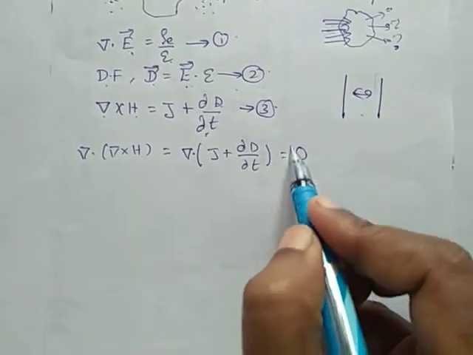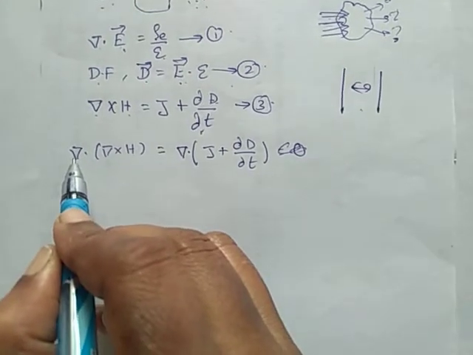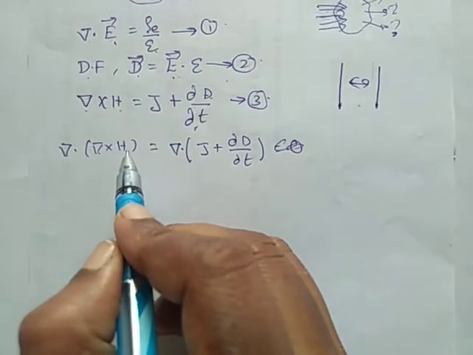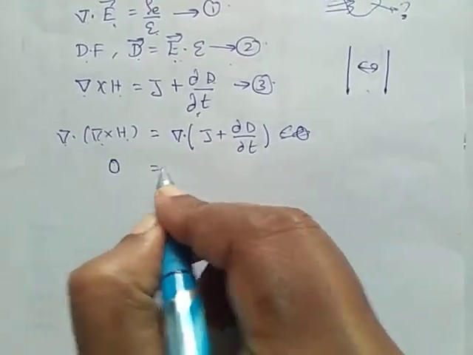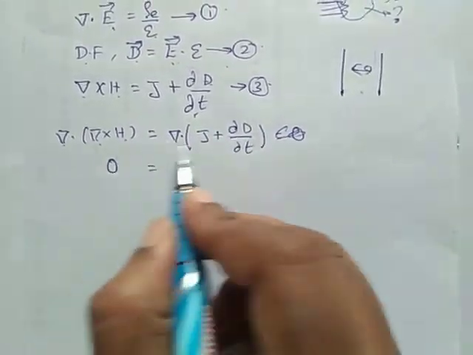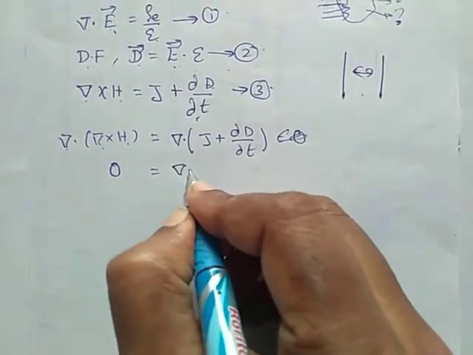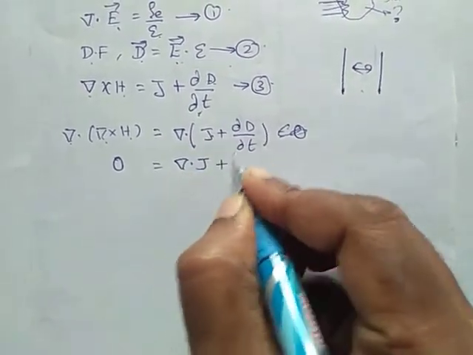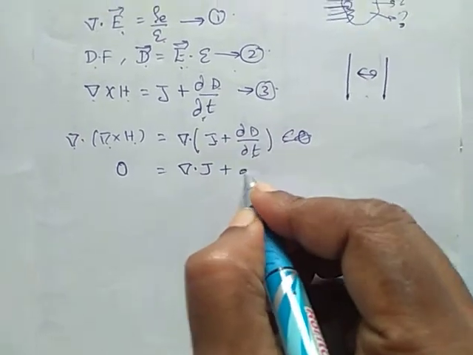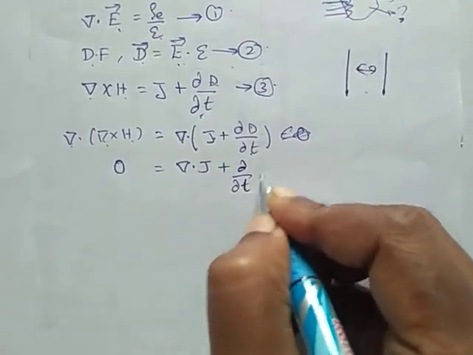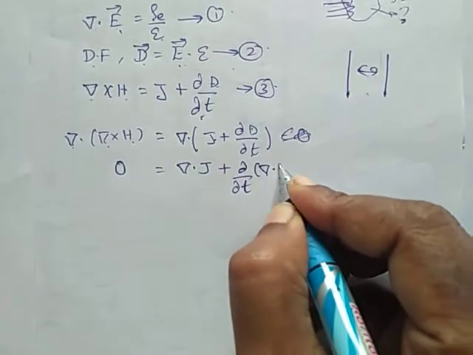Because already we have seen the divergence of curl of any function is 0. Now split the terms. Del dot J plus del dot of dou D by dou t can be written as dou by dou t of del dot D.